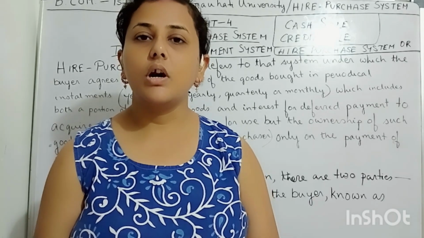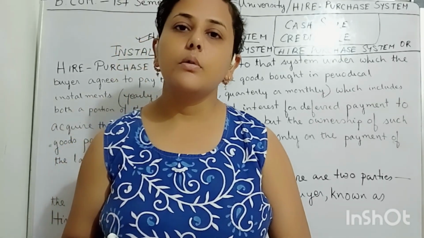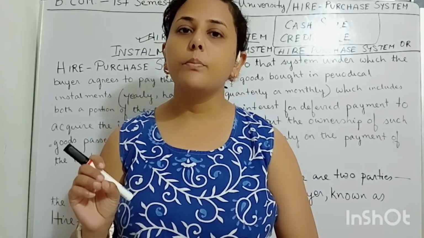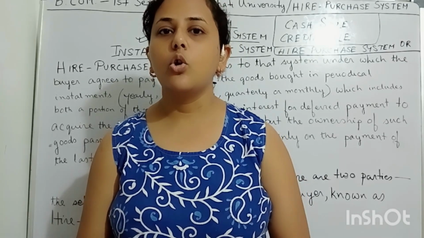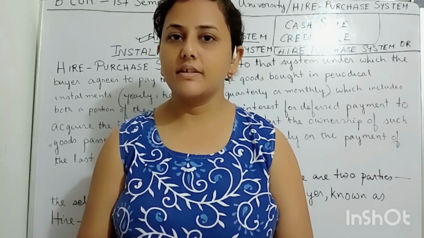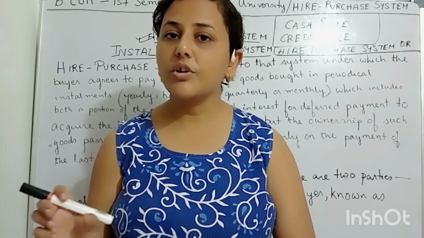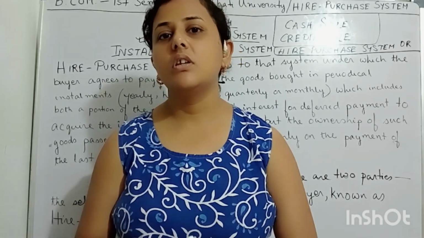Down payment means when the goods will be carried by him to his house, he has to pay a lump sum, a small amount of the purchase price of the asset. Whatever amount is left out will be paid in installments.